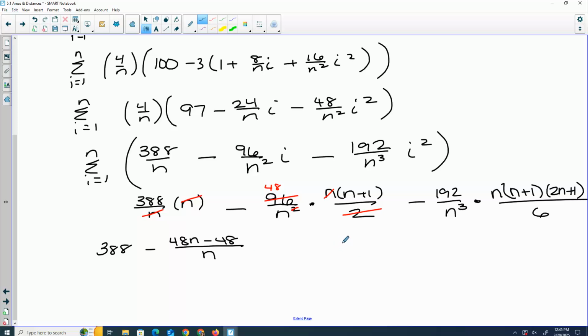I distributed my 48. Cancel one of these. 192 over 6 is 32. So I get 32, and I'm going to flip over this, 2n squared plus 3n plus 1.